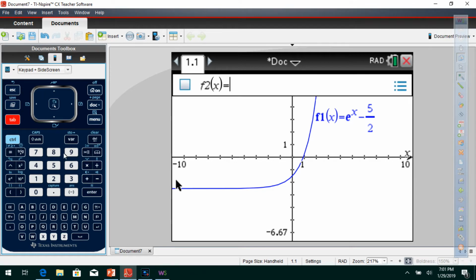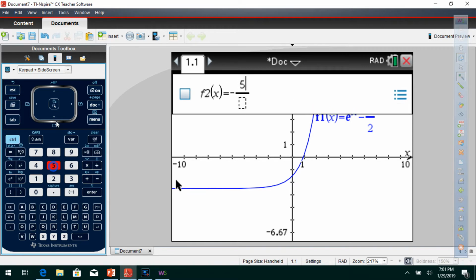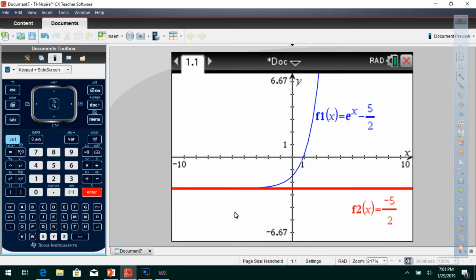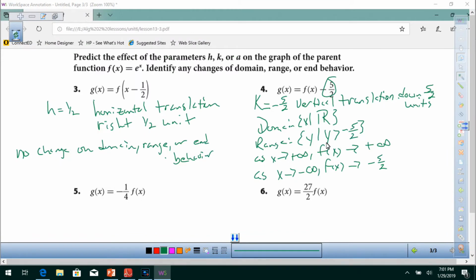Tab, negative 5/2, and you can see it approaches that instead of 0 now. All right, so the range changed, and the end behavior changed.